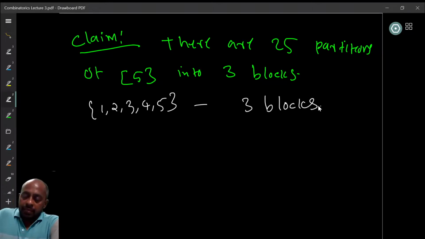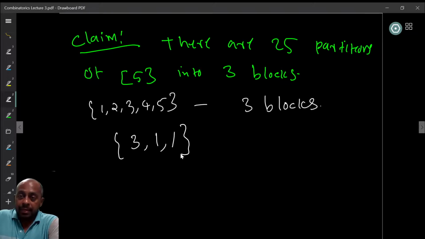Since we are looking at exactly 3 blocks, what we can observe is that the sets in the partition can have cardinality 3 if there is a block of 3, and since we need exactly 3 blocks, the other 2 must be 1 and 1, because there are only 5 elements.